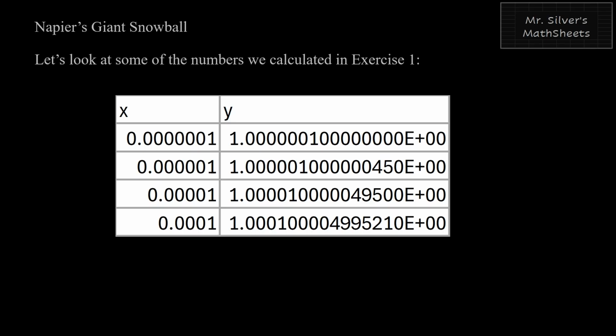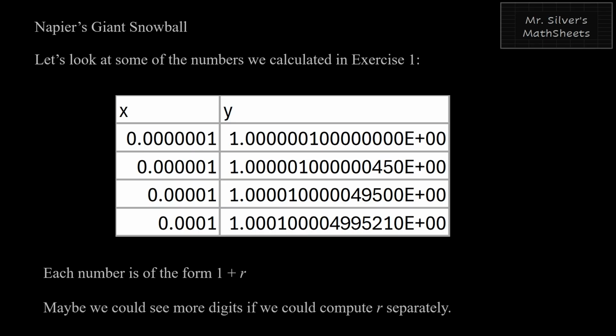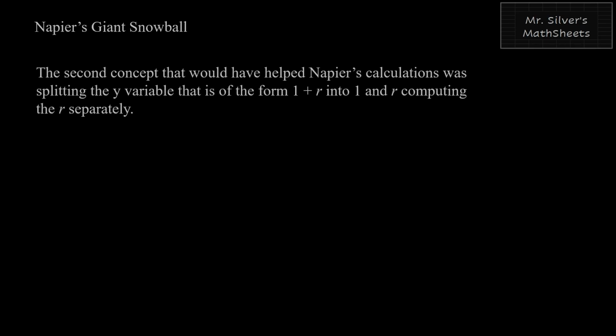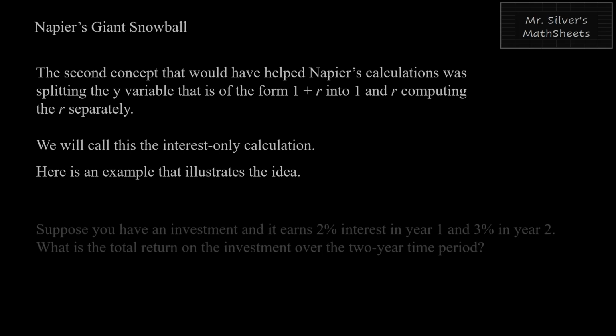The digits in the second column, the 4, 5, where are the digits beyond the 4, 5? I want to see those. If I could calculate them separately, I could perhaps get more digits. So the idea of splitting the calculation into the form 1 plus r is called the interest-only calculation.